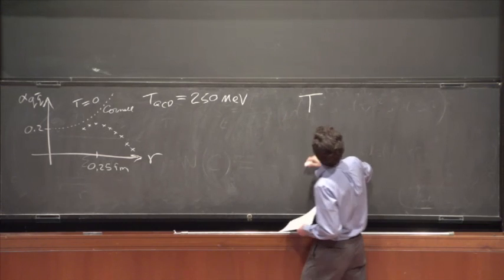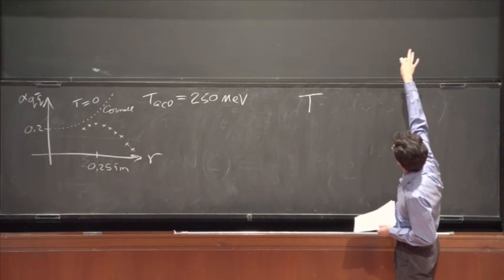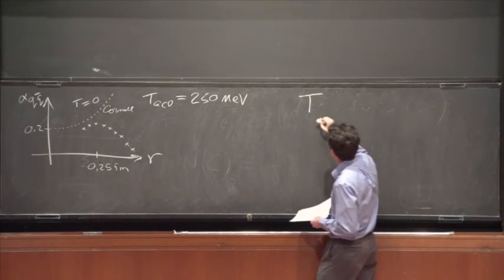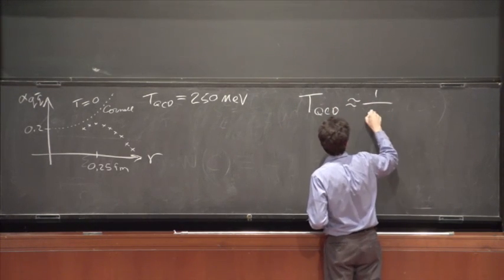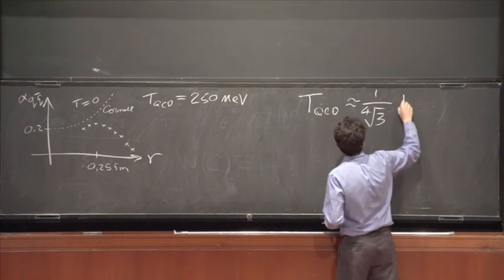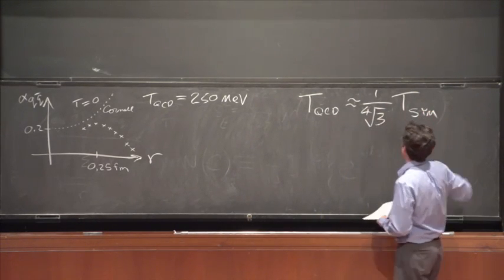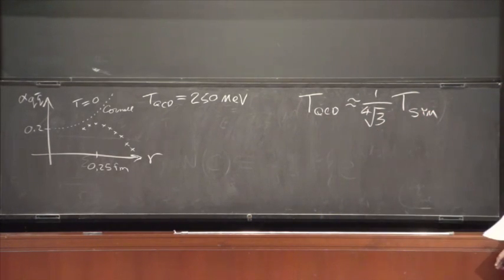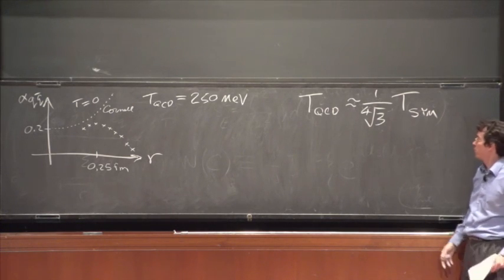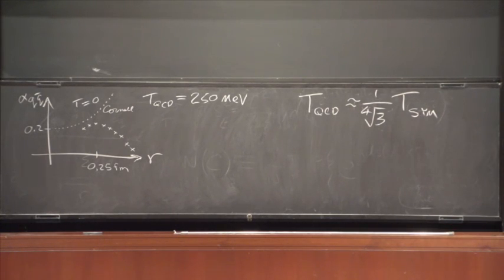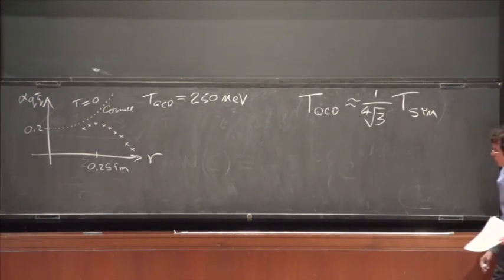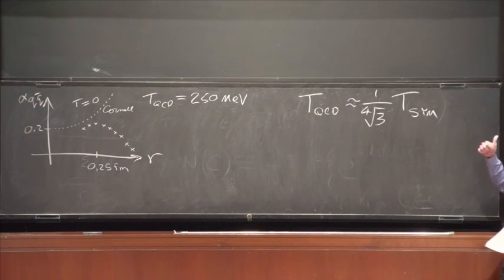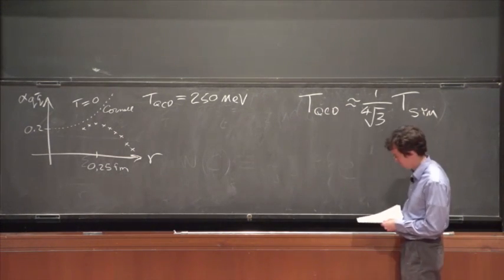What this equality means for the QCD temperature is that T_QCD is approximately equal to 1 divided by the 4th root of 3 times the temperature of super Yang-Mills. The reason for this factor of 1 over the 4th root of 3 is that super Yang-Mills theory has approximately 3 times the number of degrees of freedom as QCD at this temperature. Okay, so that's step 1, the funny factor of 3.